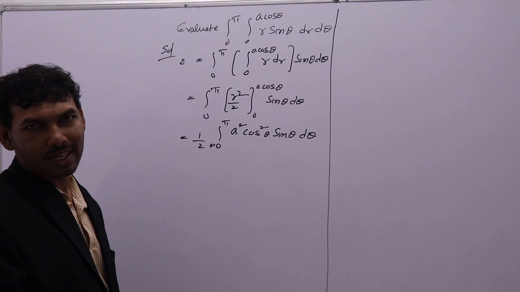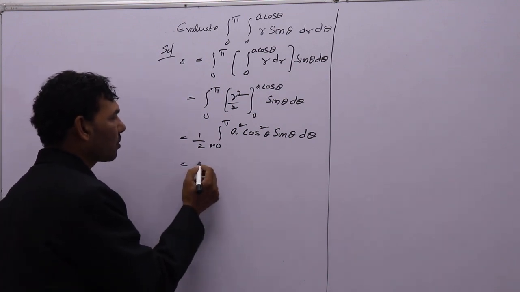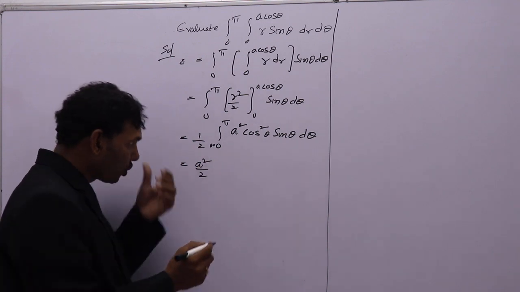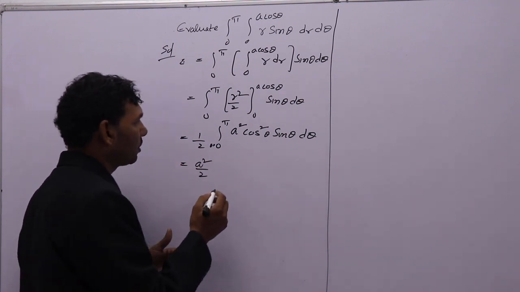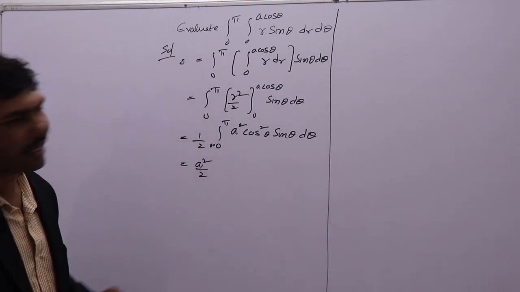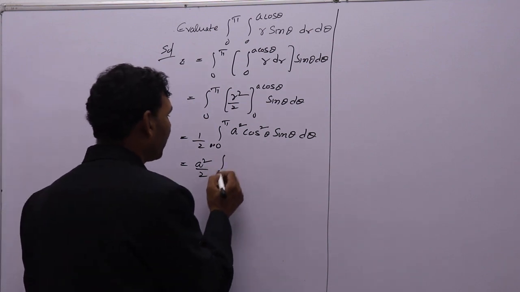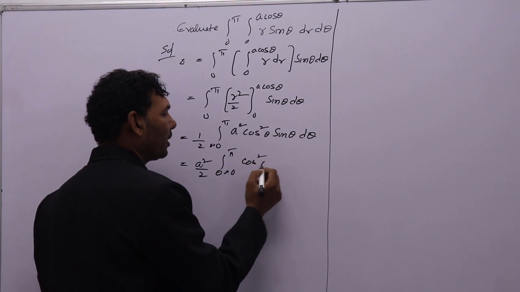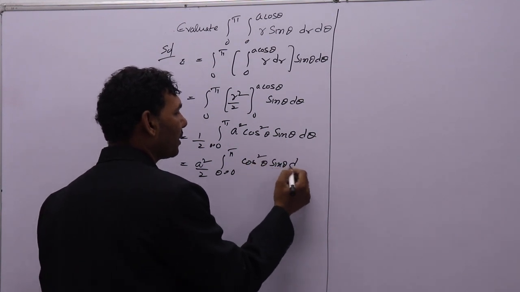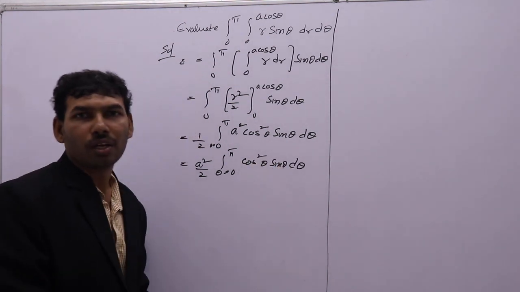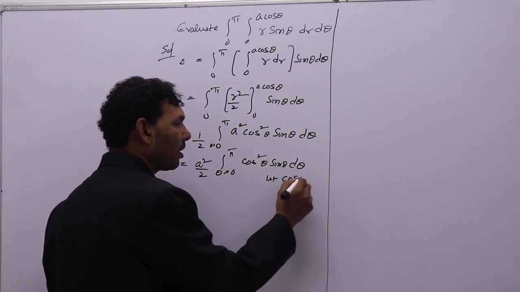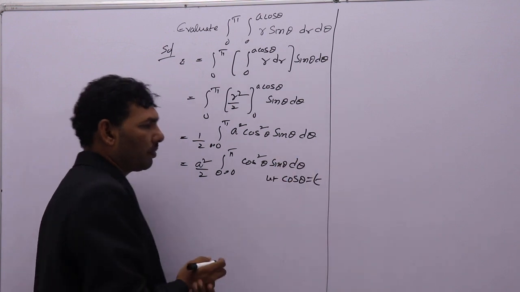So a square constant, a square by 2. Here you will get a square by 2, integral theta equal to 0 to pi, cos square theta into sin theta d theta. If you assume cos theta as t, let cos theta equal to t.